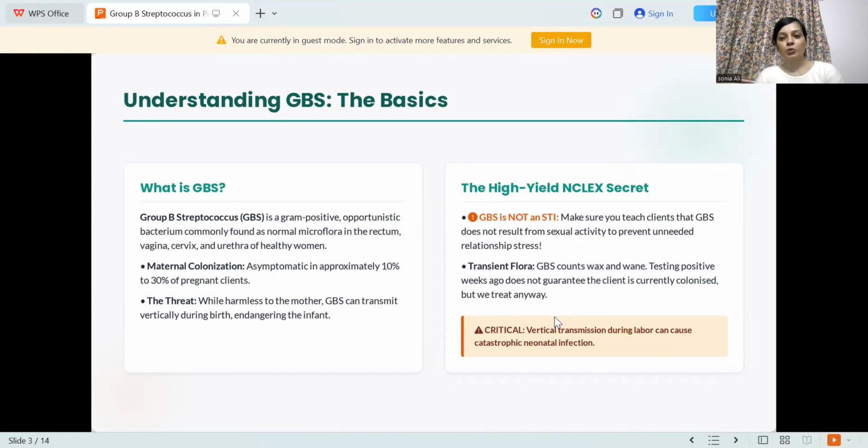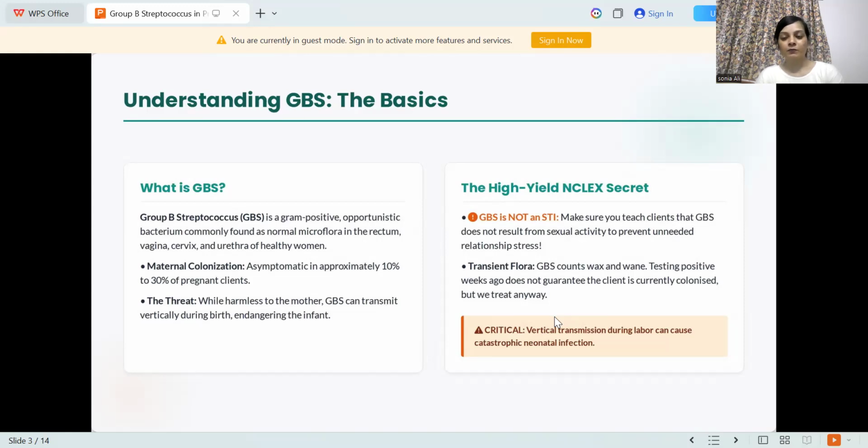And what is the threat to the infant? Most infants can get a dangerous disease like pneumonia and meningitis, while there is no harm to the mother, because it is normal flora for the mother, but definitely the baby can have a serious disease, which is GBS, during the vertical transmission, during the birth, during the labor.